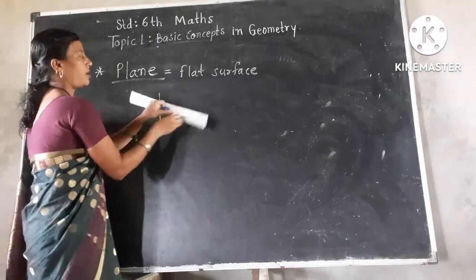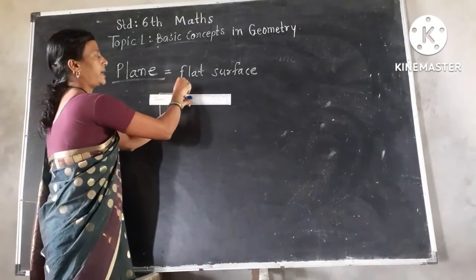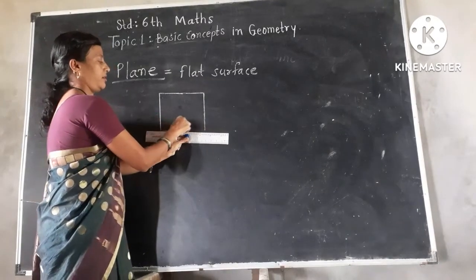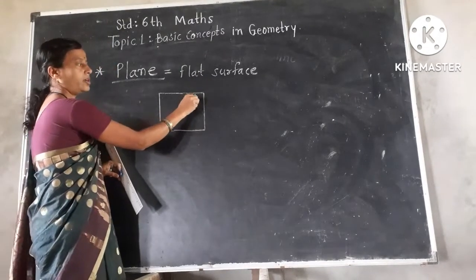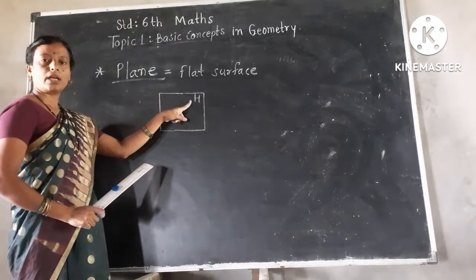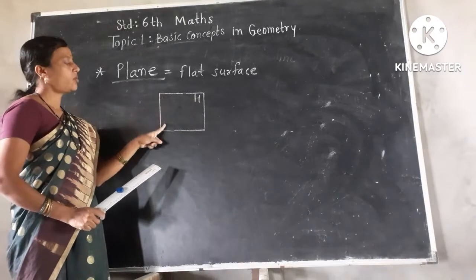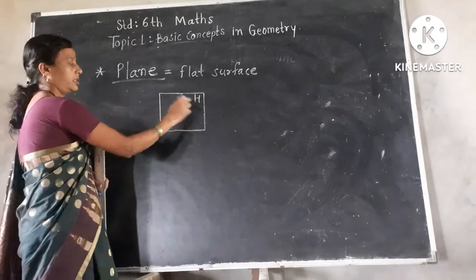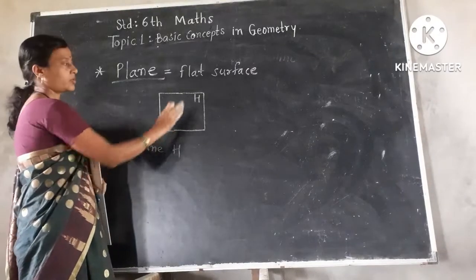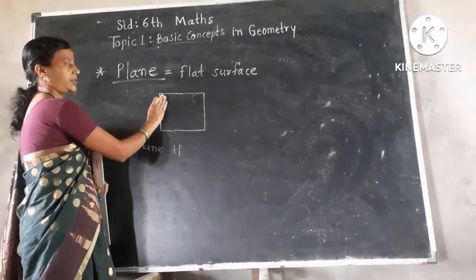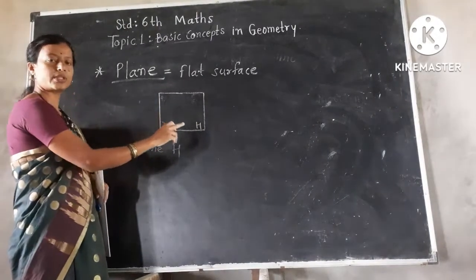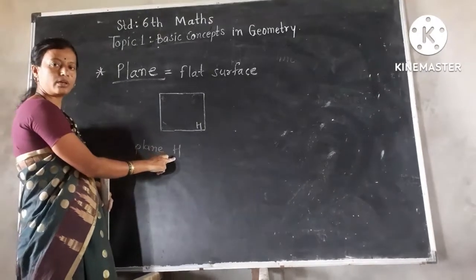We can draw a diagram of plane and give a name. When we give a name to the plane, we use any corner of the plane. This is a plane H. We also write here plane H. Any corner we use to give a name to the plane.